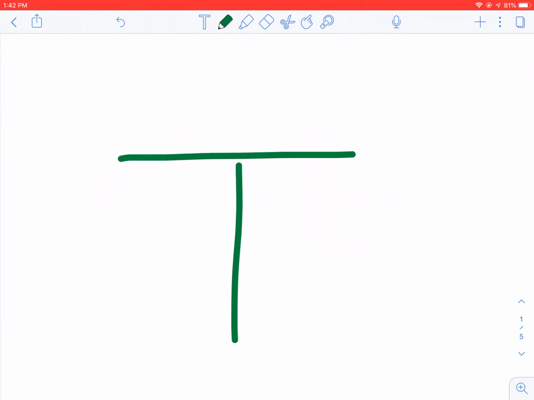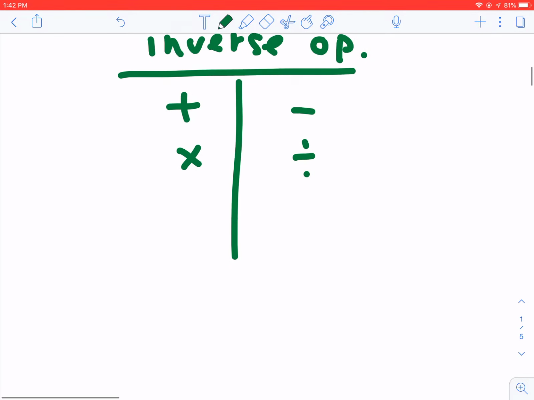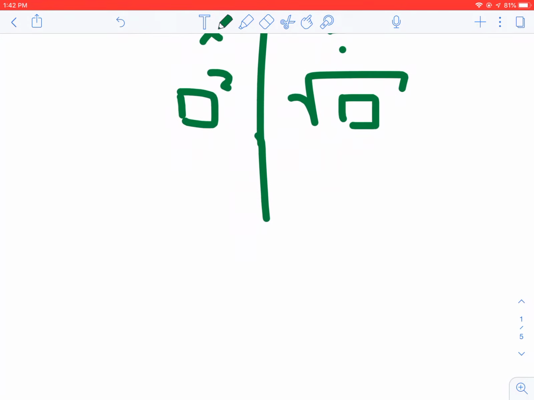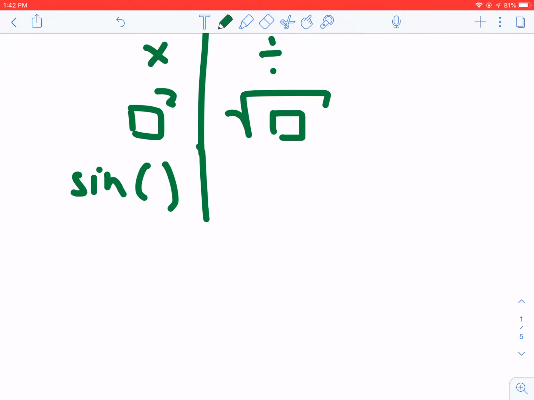So inverse operations, we have addition and subtraction, multiplication and division, squaring something and square rooting something. So taking the sine of something and doing this, that is the inverse of taking the sine of something, and we call this inverse sine.